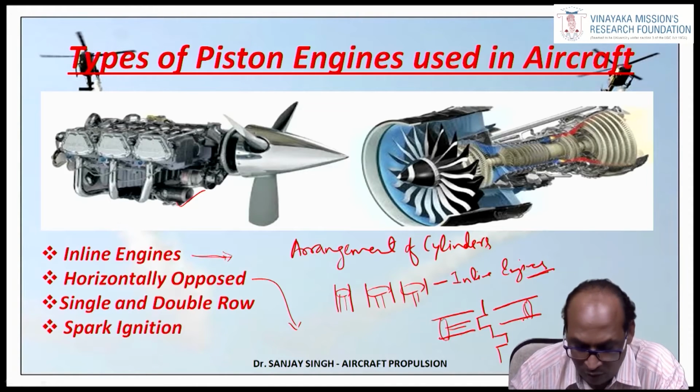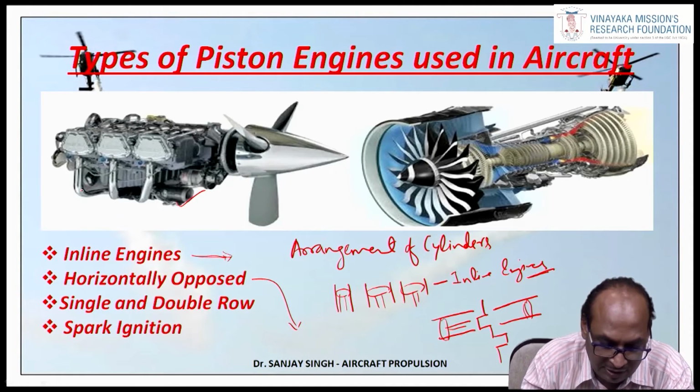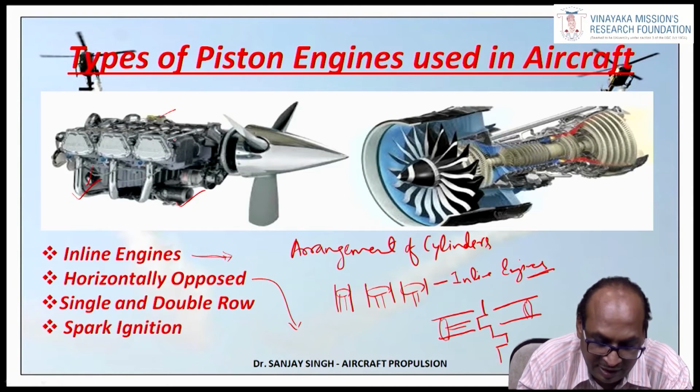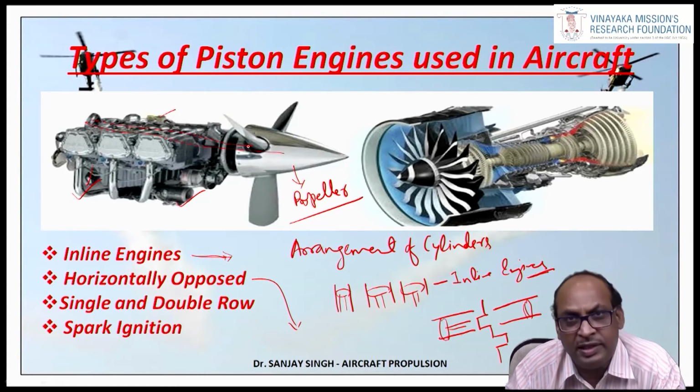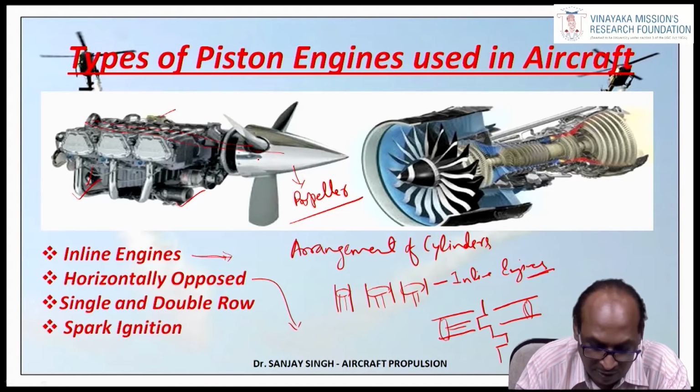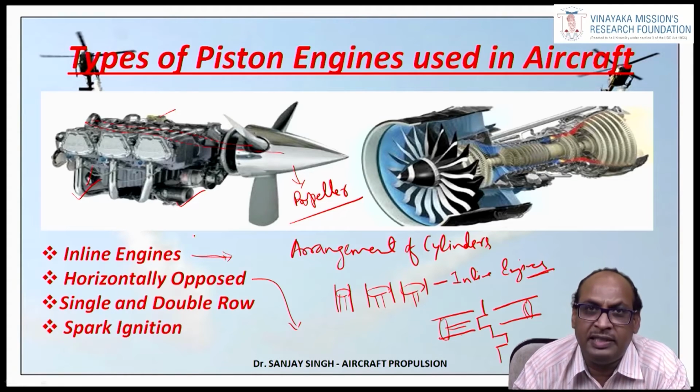The same horizontally opposed engine is shown in this picture. You can see one cylinder on this side, another cylinder on this side, and the crankshaft in the middle. This is called the propeller, and it is attached to the crankshaft directly. It is direct drive.